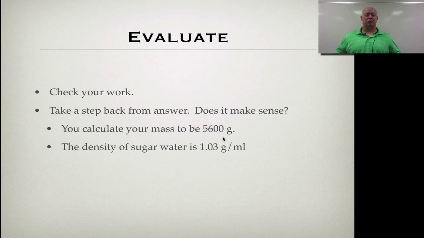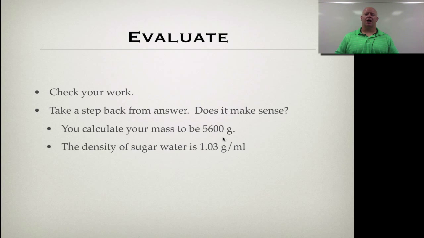Even if you don't know the exact relationship between pounds and kilograms, you know they're close enough that you don't weigh 5.6 kilograms, or even if it was double or triple, 15 pounds or 2 pounds. The range of people is anywhere from 90 to 200 plus pounds. So this doesn't make any sense whatsoever that your mass would be 5 kilograms or 10 or 12 pounds.